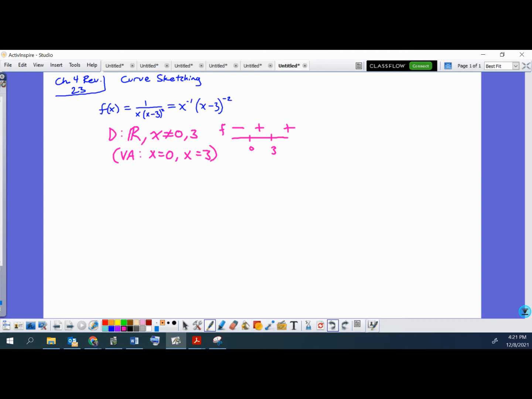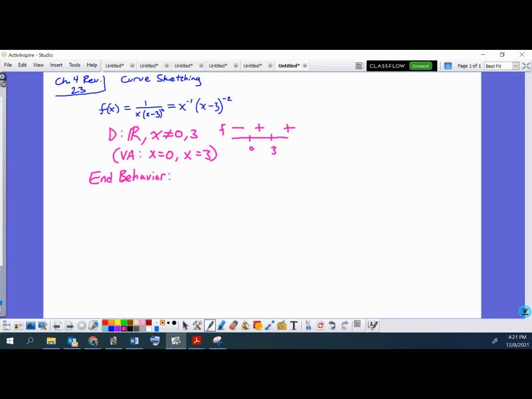So we got the domain. We got the domain breaks there classified as vertical asymptotes. And then I also want to consider the end behavior here. So I'll just label that end behavior. And there's a horizontal asymptote here.